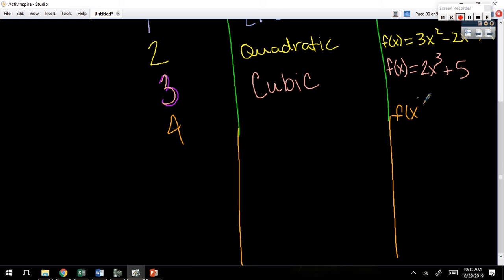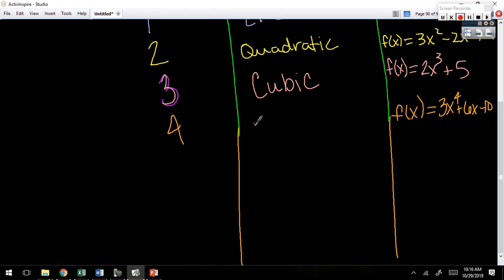This is where we get into the territory that you probably do not know. Power of 4. Let's do 3x to the 4th plus 6x minus 10. It doesn't matter that we're missing some of the terms. The biggest exponent is 4.